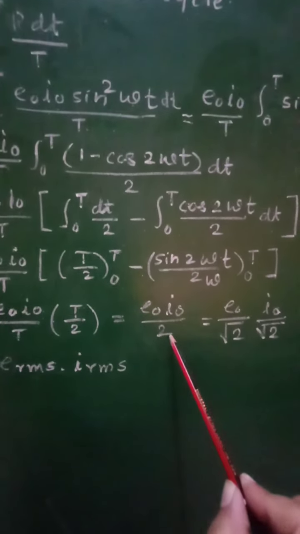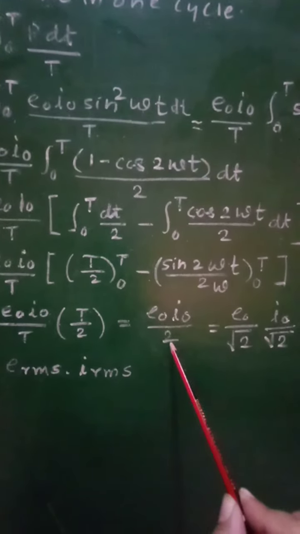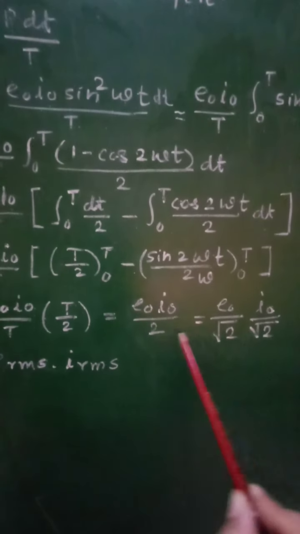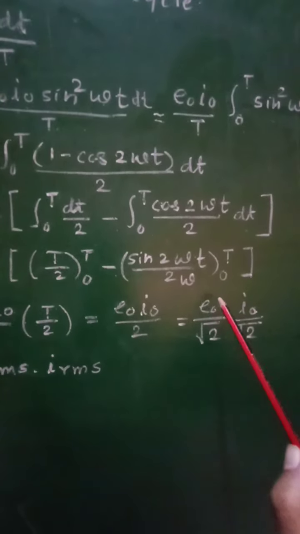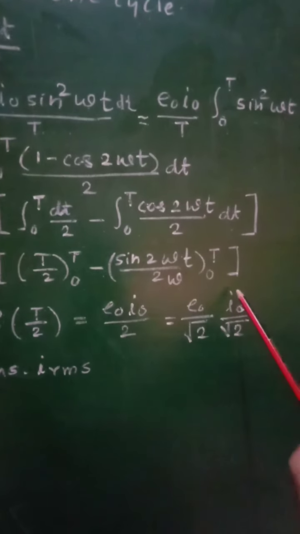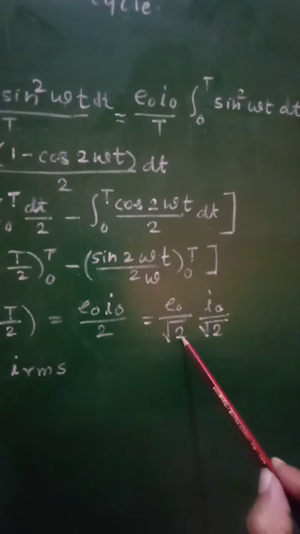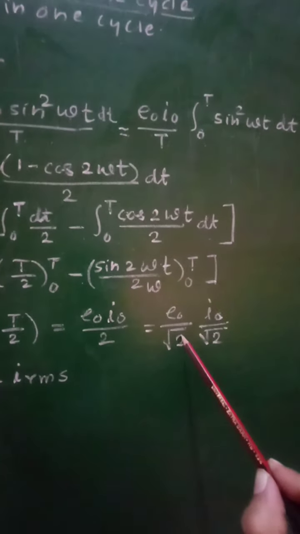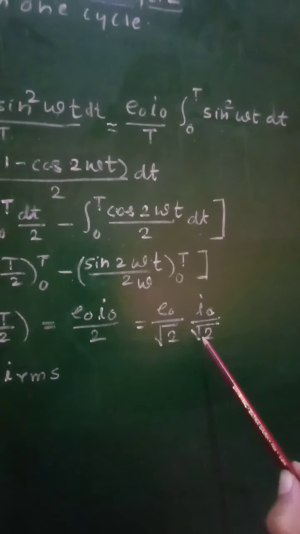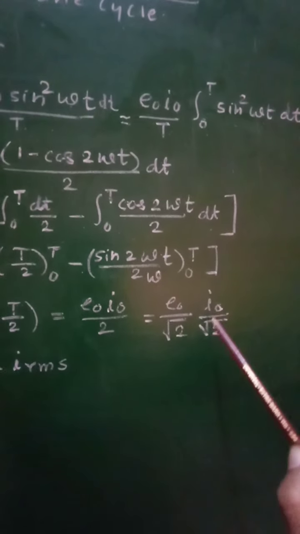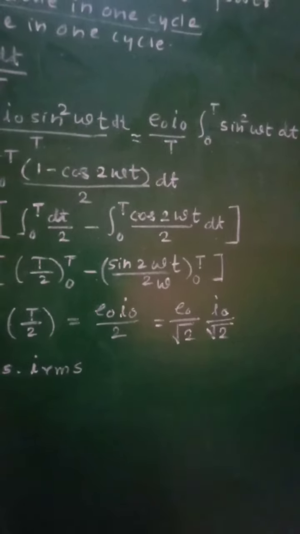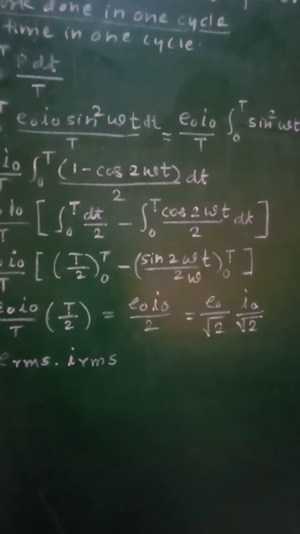Now by splitting this denominator 2 as root 2 into root 2, we can write E0 upon root 2 into I0 upon root 2. But previously we have seen that E0 by root 2 represents the RMS value of voltage, and I0 by root 2 represents the RMS value of current, that is root mean square voltage as well as current.